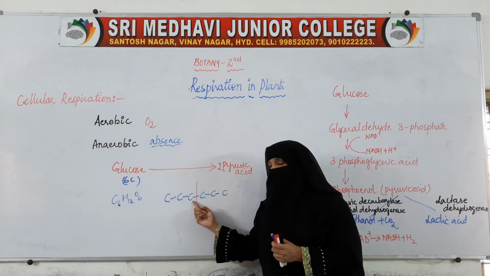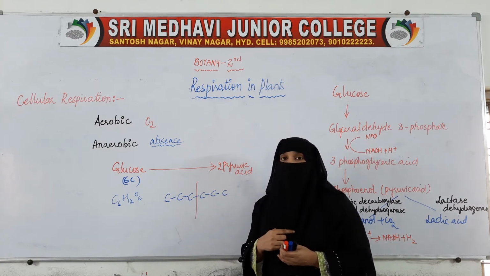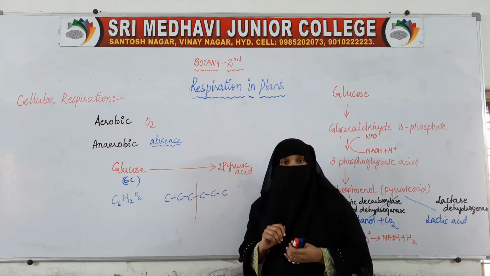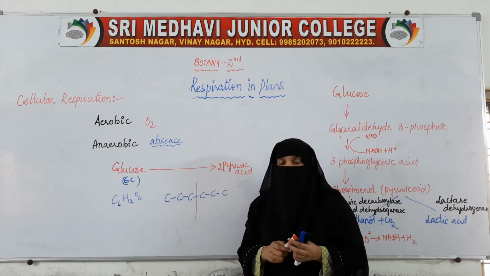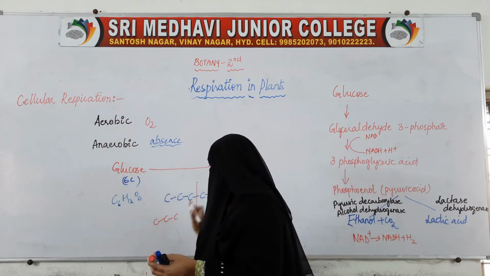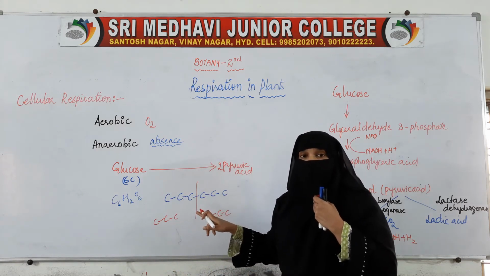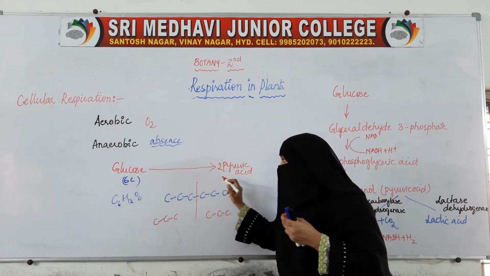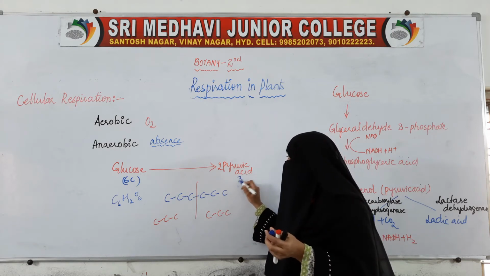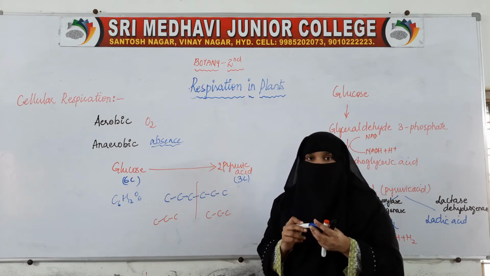So the 6-carbon molecule is broken down into 2 molecules, and each molecule will consist of 3 carbons: 1, 2, 3, then 1, 2, 3. So what is pyruvic acid? Pyruvic acid is a 3-carbon compound.